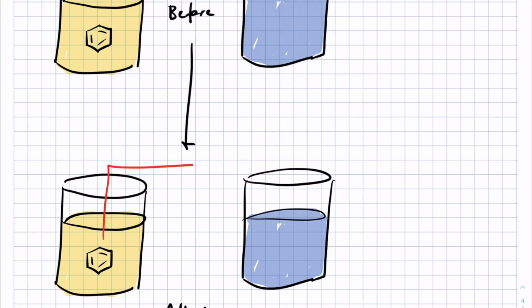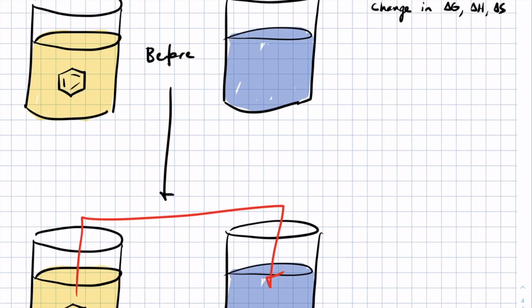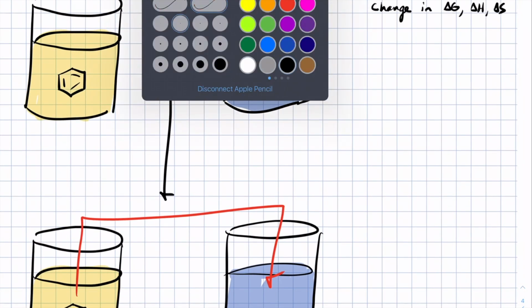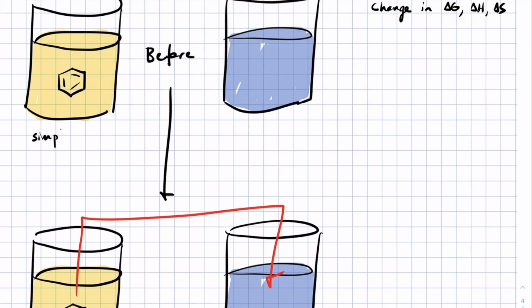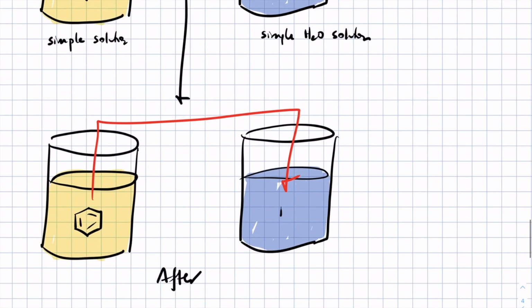All right. So before, you just have a simple benzene solution, benzene neat, and you have a simple water solution. And afterwards, you have, say, some benzene molecules dissolved in water, and then they're surrounded by this shell.